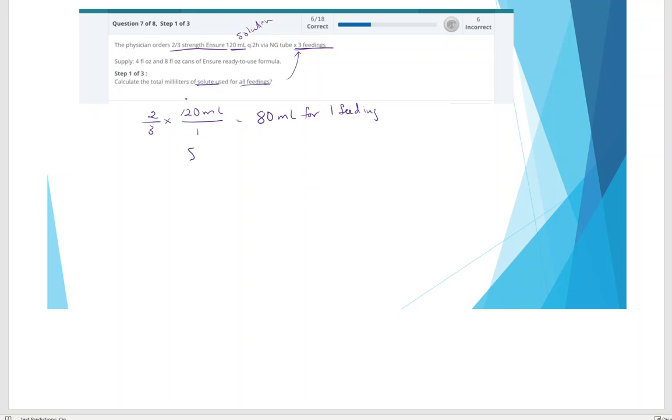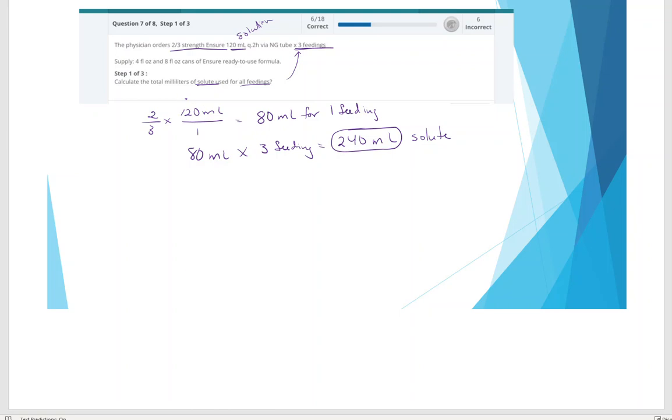If I take my 80 milliliters and multiply it times my 3 feedings, I get 240 milliliters of solute, however you say that word. And that's for all feedings.